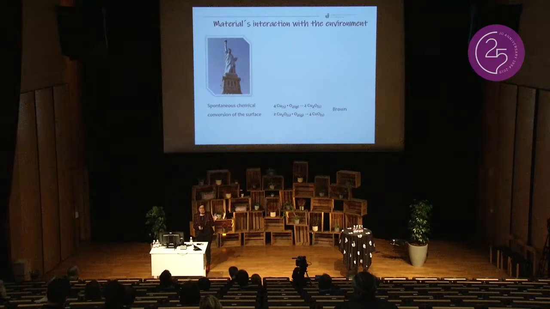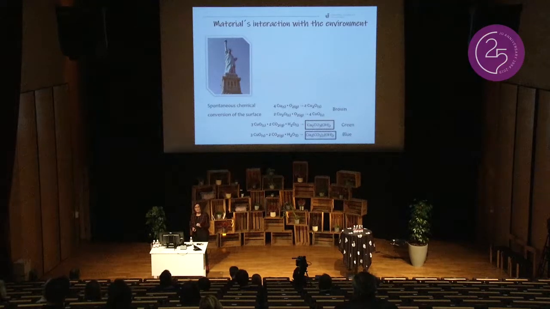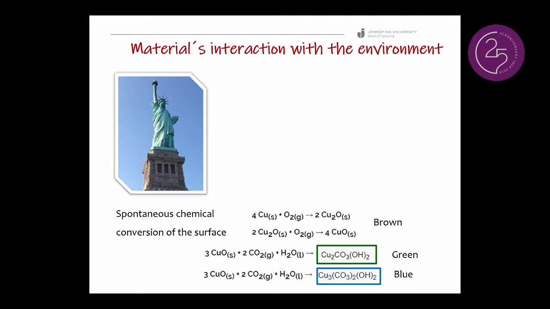By sitting there on the surface, the copper oxide further reacts with the environment, and specifically with the CO2 present in the air, to develop a double salt, copper carbonate, in two forms. One is green, and the other is bluish, and their mixture gives this specific color that you see on the surface.